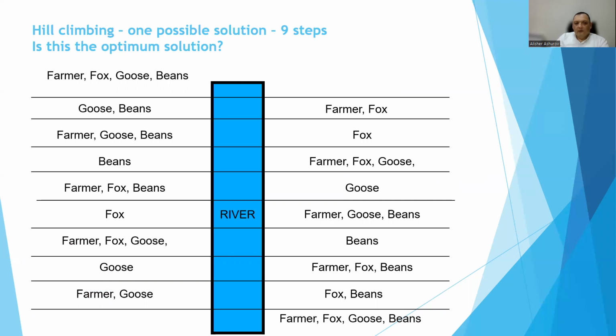And for that, the goose should be safe, and the beans should be safe. You should find one best solution. I think it's clear what solution to choose, and you should think it over, of course.